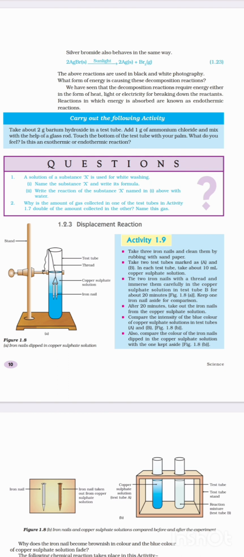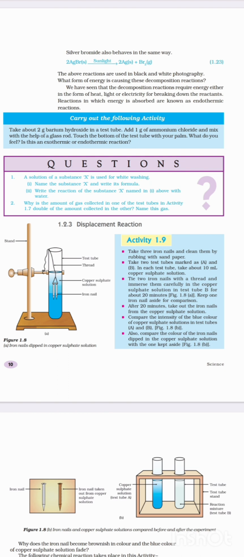After 20 minutes, take out the iron nails from the copper sulfate solution. Compare the intensity of blue color of copper sulfate solution in test tube A and B. Also compare the color of iron nails dipped in copper sulfate solution with the one kept aside. So what happens here is iron Fe, copper sulfate CuSO4. Here iron is more reactive than copper.